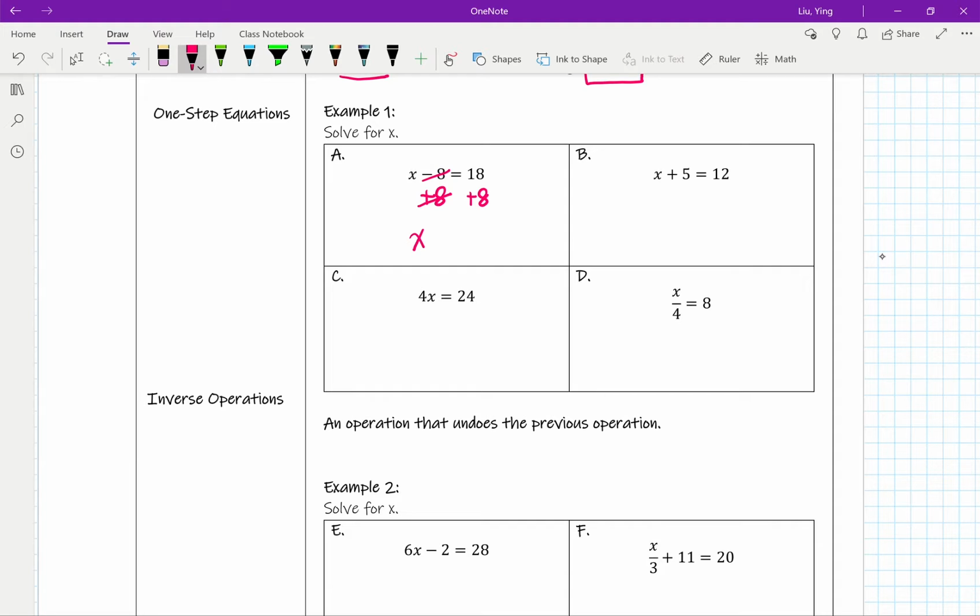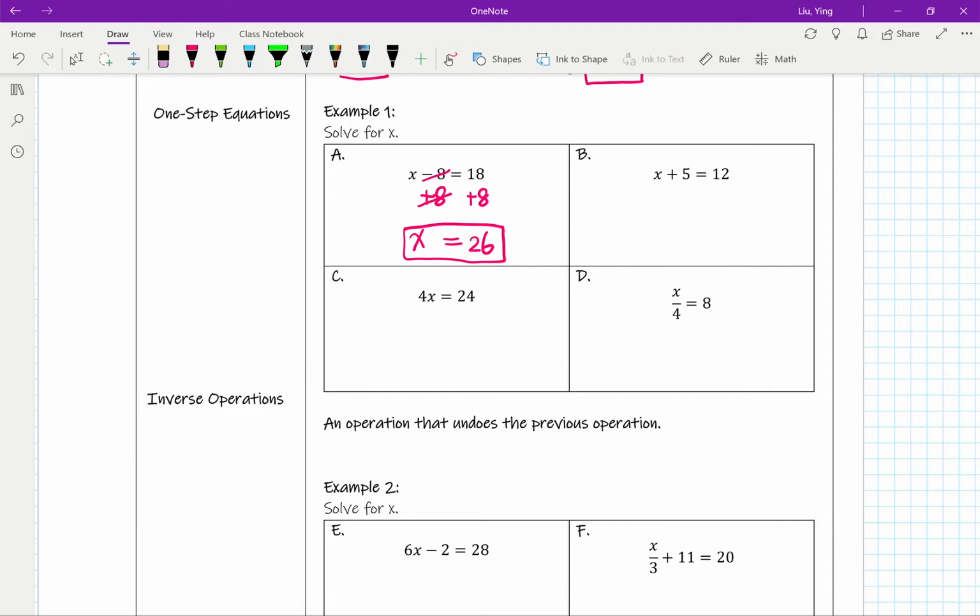It's now worth 26 scoops, right? So there's your answer. You found how much you had to start with. This is how we solve an equation, and because we only use one step here, we call this a one-step equation.